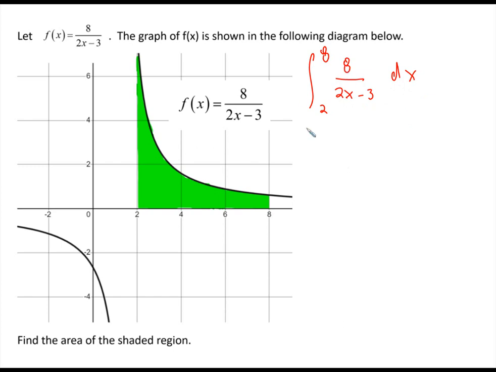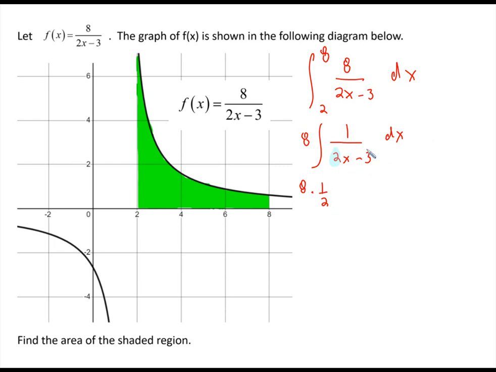So first I could pull the 8 out to the front. So we have 8 here, and we're integrating 1 over 2x minus 3 dx. Now when we integrate this, we just have to recognize this is in the form ax plus b, and we have this number here that's in front of the x. So we have the 8 here, and when you integrate this, you're going to start off with 1 over whatever this number is, which is 2.